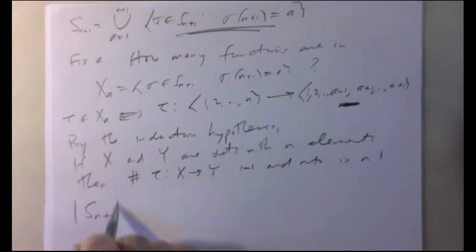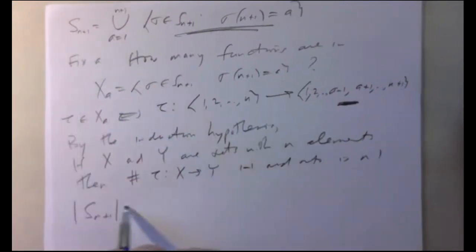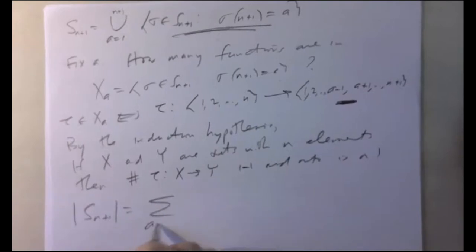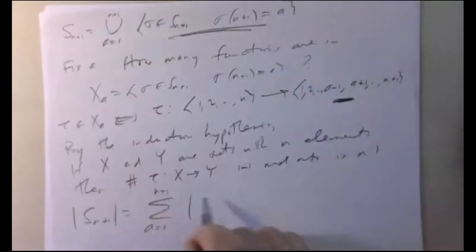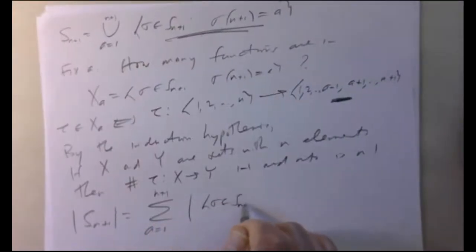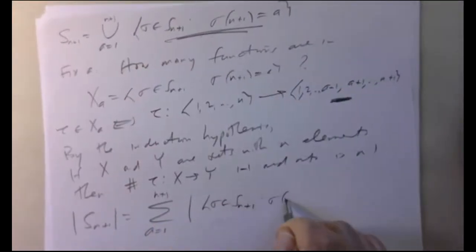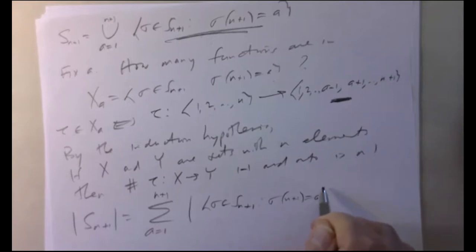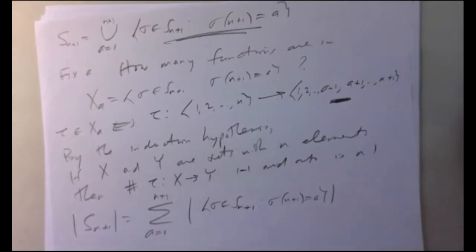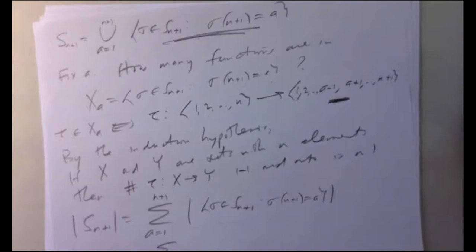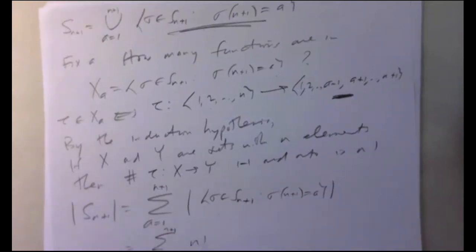So the cardinality of the set of all permutations is the sum of the cardinalities of each of these sets, and each of these sets has cardinality n factorial.